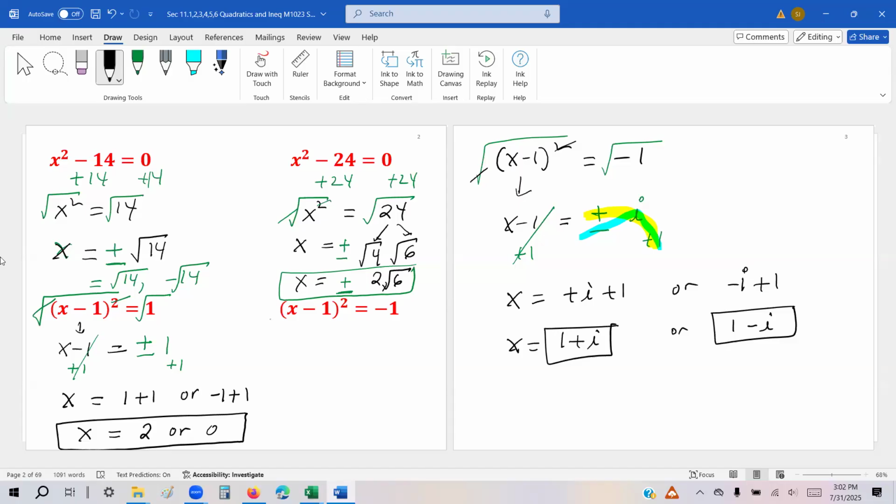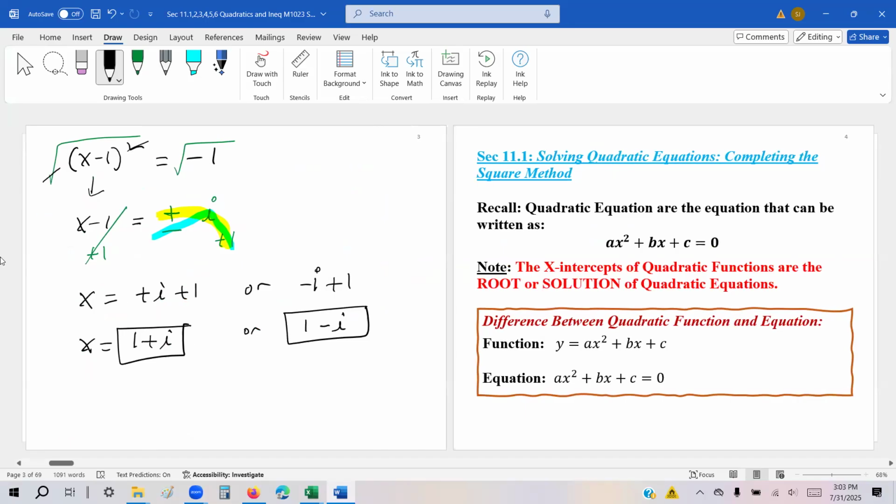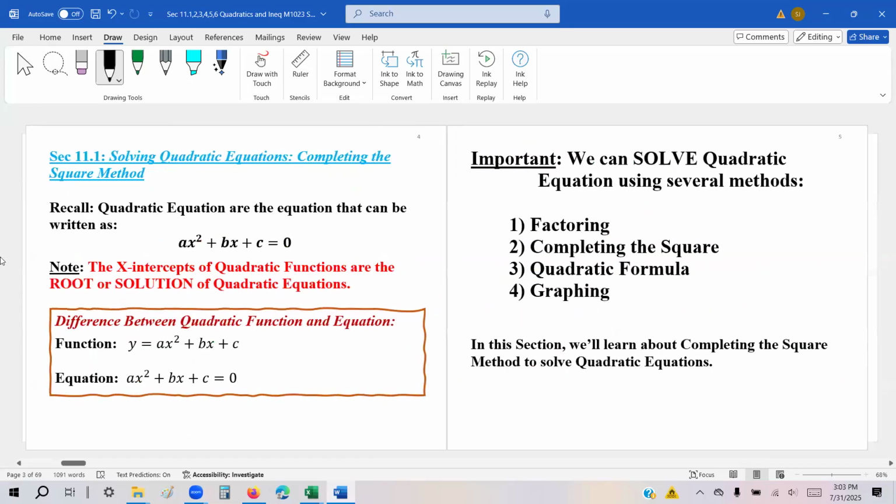Okay, so when you solve any type of square and you're taking the square root, you always have to put plus minus on one side. That's the rule. And now, all about squares. Next, the first method is the complete the square method.